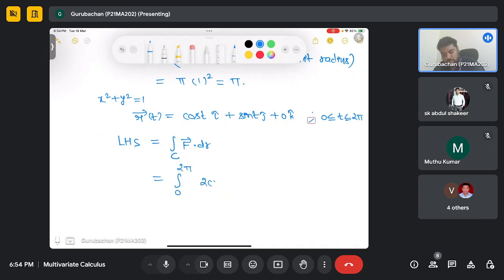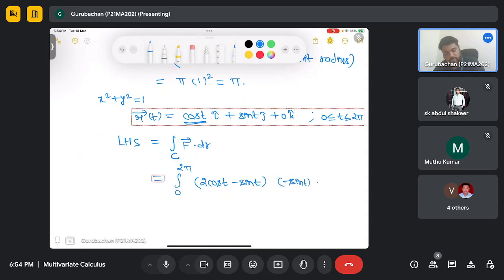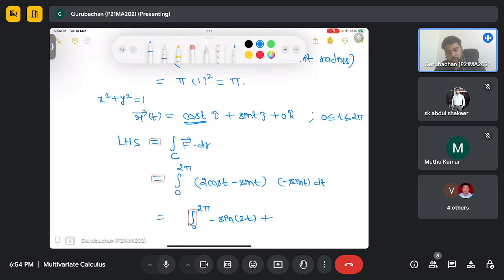So this will be 2 times cos t minus sin t, and what is dx? d of cos t, excuse me, minus sin t dt. So what will this give you? From 0 to 2 pi, this will be minus sin 2t, and with the positive sign, sin square t. Sin square t can be written as 1 minus cos 2t divided by 2.